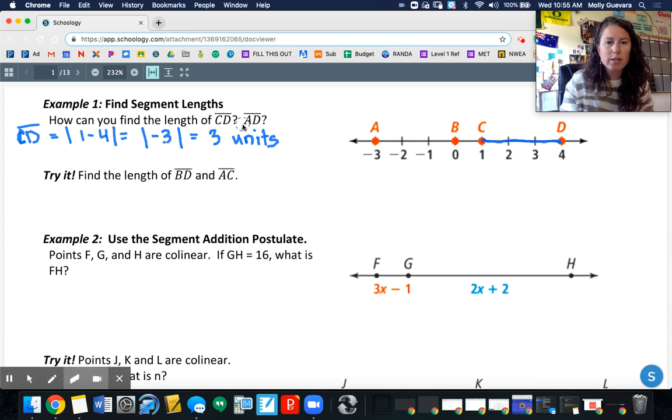Second part of this question is, what is the measure of AD? So we're just going to do the same thing. So line segment AD is equal to, I'm going to draw the absolute value. And we're starting at A, which is -3.